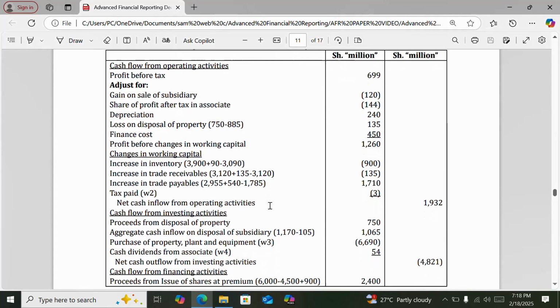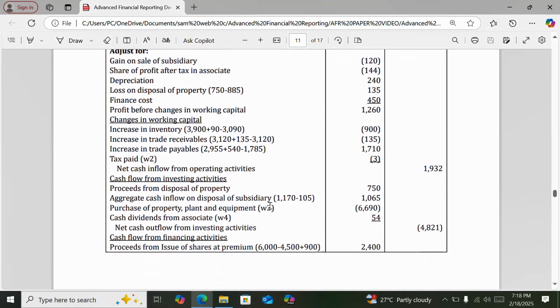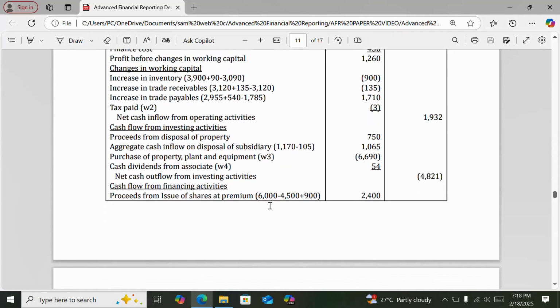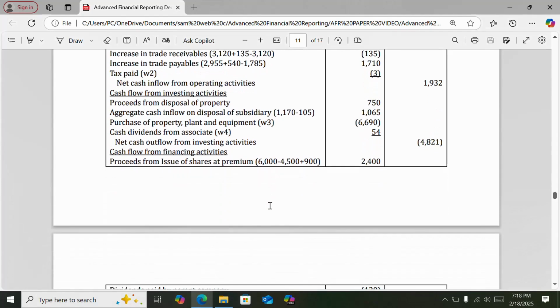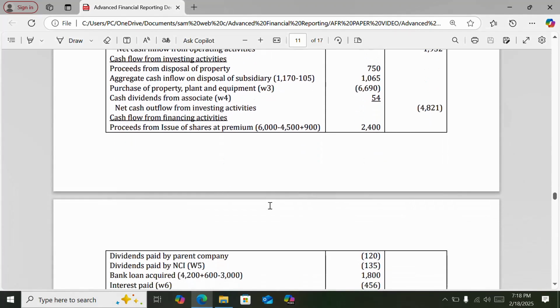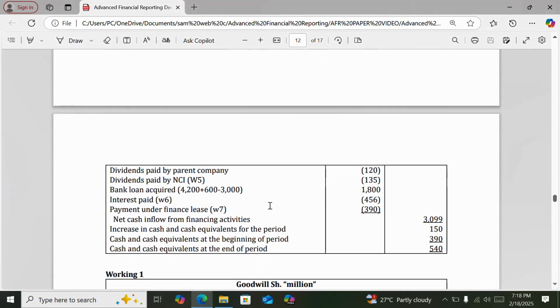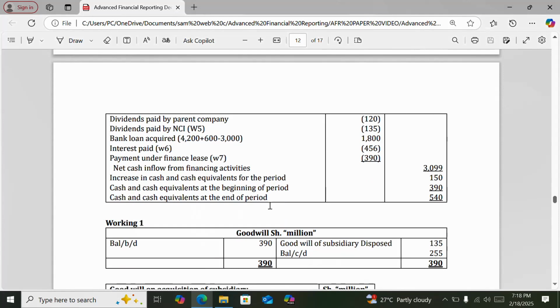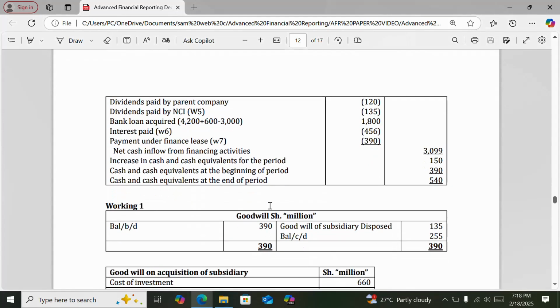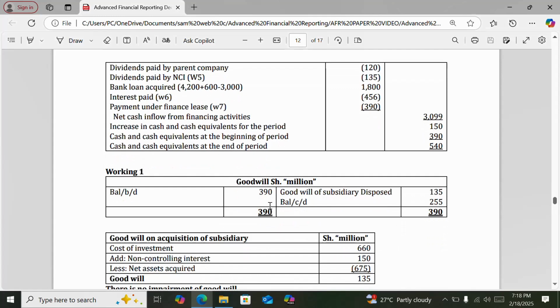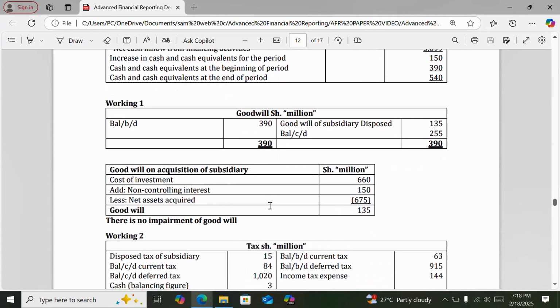So this is a question on the group cash flow: cash from operating activities, changes in working capital, cash flow from investing activity, cash flow from financing activity, up to the cash and cash equivalent at the end of the period. Then we have working 1. Working 1 was trying to determine whether there was any impairment of goodwill, and there is no impairment of goodwill.